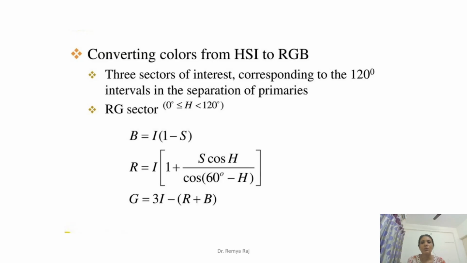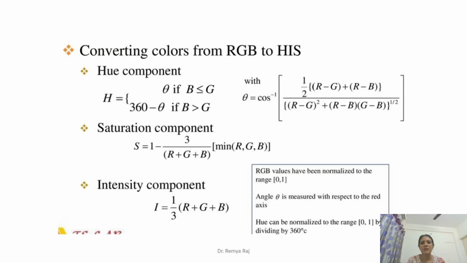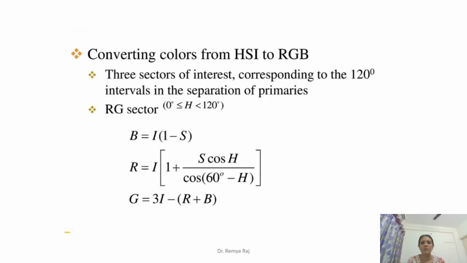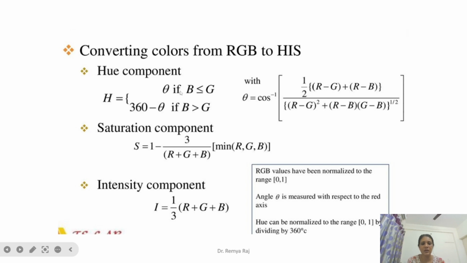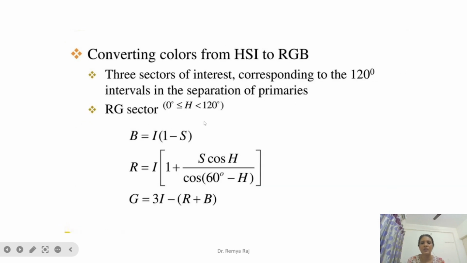Now the color components can be obtained sector by sector. This is for the GB sector and this is for the RG sector. For the RG sector, the blue color can be obtained from I times (1 minus S).